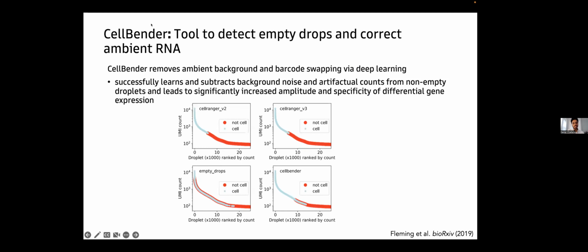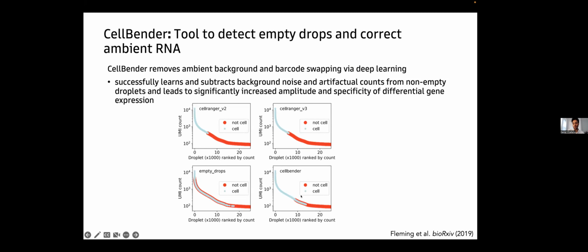That's where CellBender comes in. It's a really awesome tool that both does empty drop detection and then corrects for ambient RNA. I showed you the barcode rank plot in Cell Ranger's output, but it's not the only way to do cell calling. Cell Ranger has its own method, but we can use different methods.